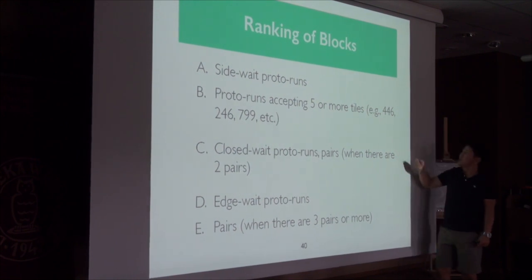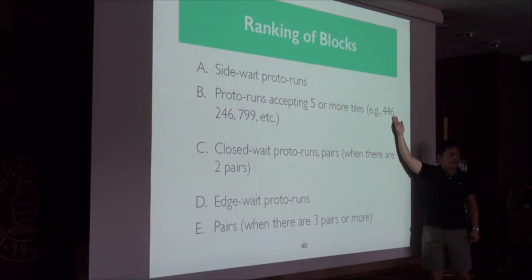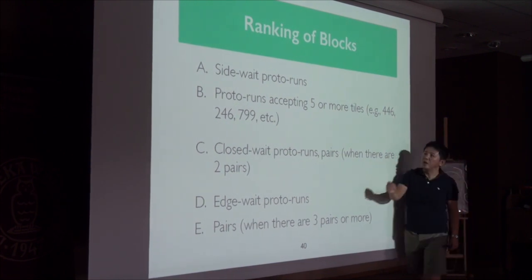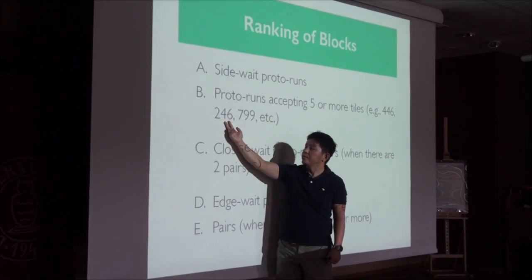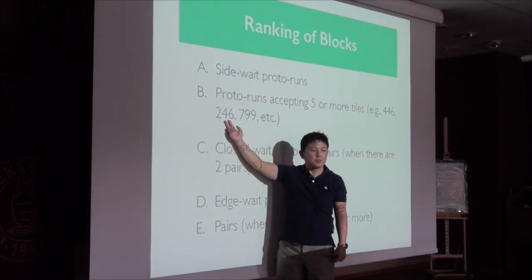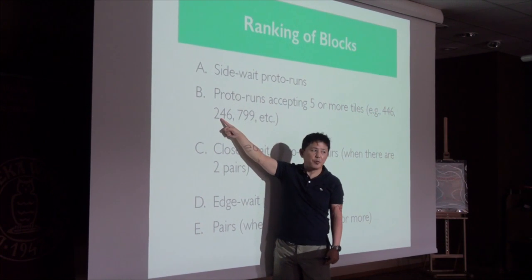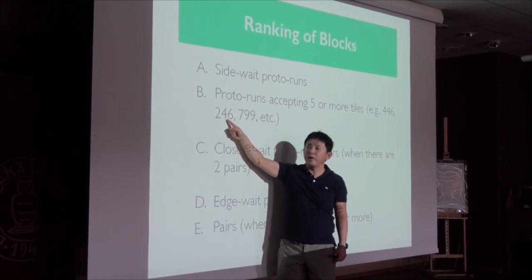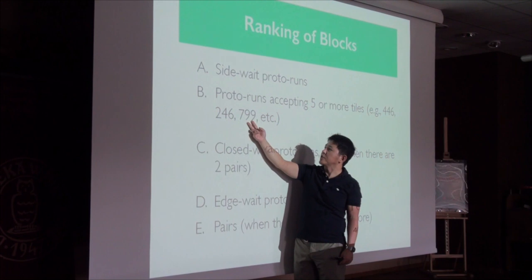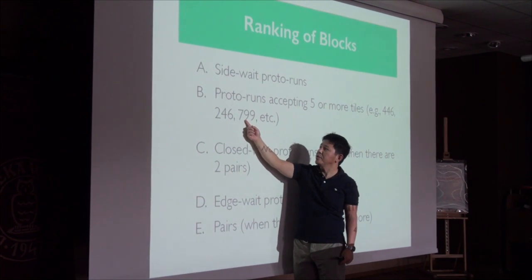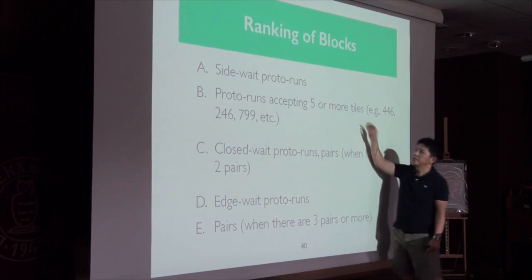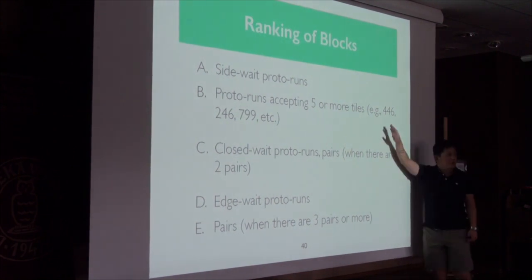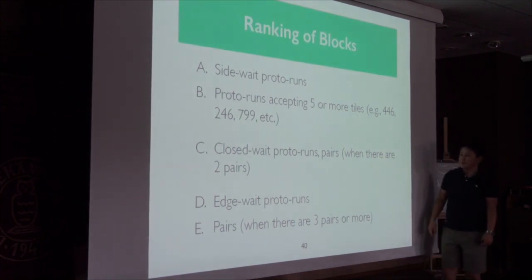So in total, it can accept 6 tiles, right? 246, it can accept 8 tiles, right? 4 copies of 3 and 4 copies of 5. It can accept 2 copies of 9 and 4 copies of 8, right? So those protrans that can accept 5 or more are the second best.